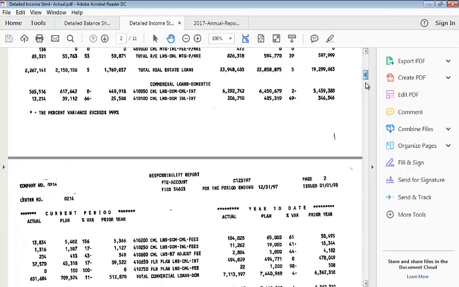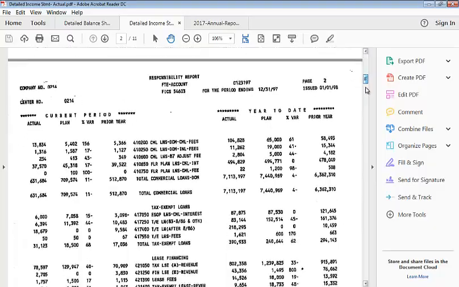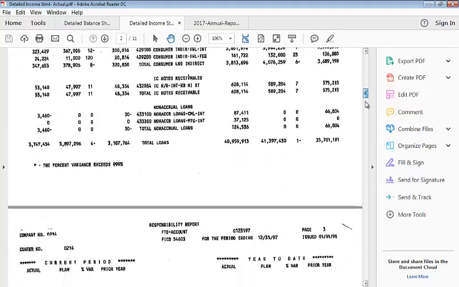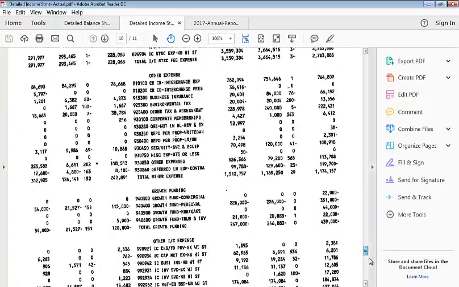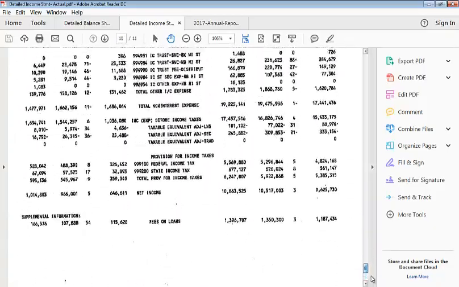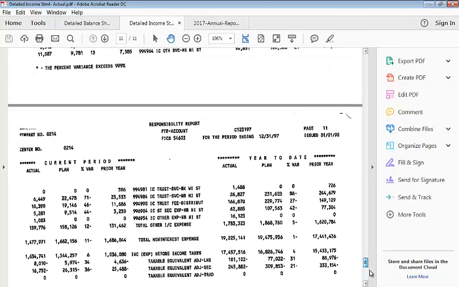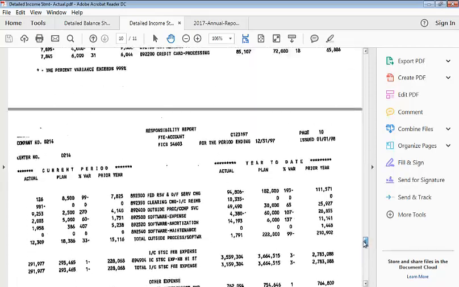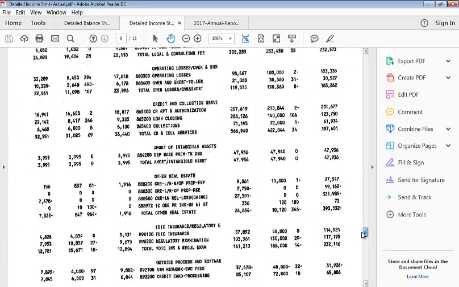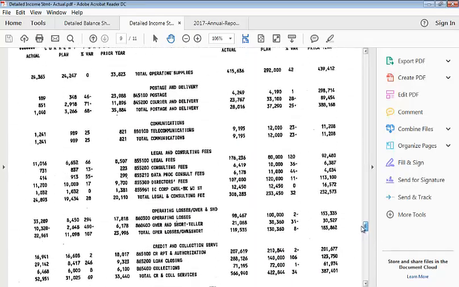So I'm just going to scroll down to the expenses. Well, first of all, notice this income statement is 11 pages long. So this is an income statement, but it's one that was made for internal use. So it has lots and lots of different line items.